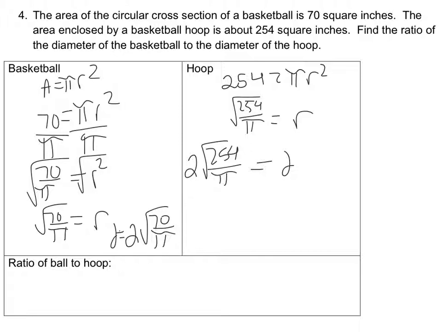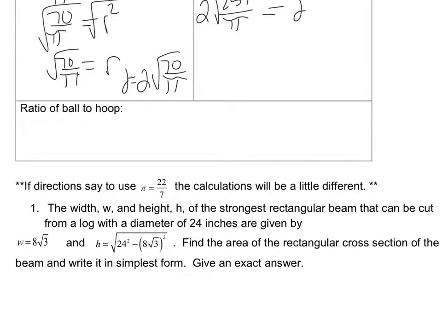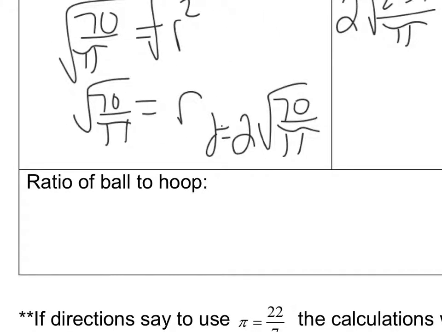Now it says, find the ratio of the diameter of the basketball to the diameter of the hoop. So that means we want to do the diameter of the basketball divided by the diameter of the hoop. My apologies here, because it's not 70 times pi, it's 70 over pi, and this is going to be 254 over pi.